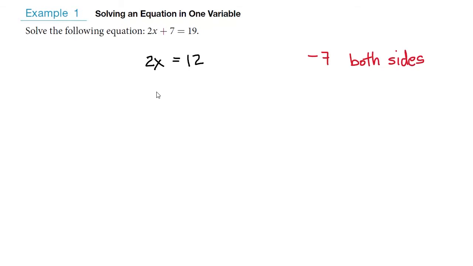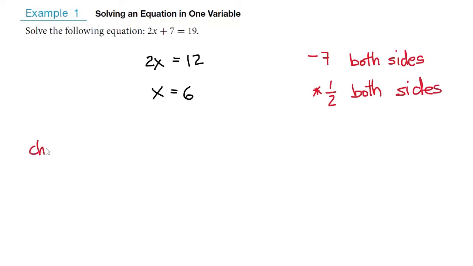And now we need to divide both sides by 2, or we can multiply both sides by 1/2. Either way will result in x equals 6. I'm going to multiply both sides by 1/2 because that's the reciprocal of the coefficient, which is 2, and that gives us x equals 6.